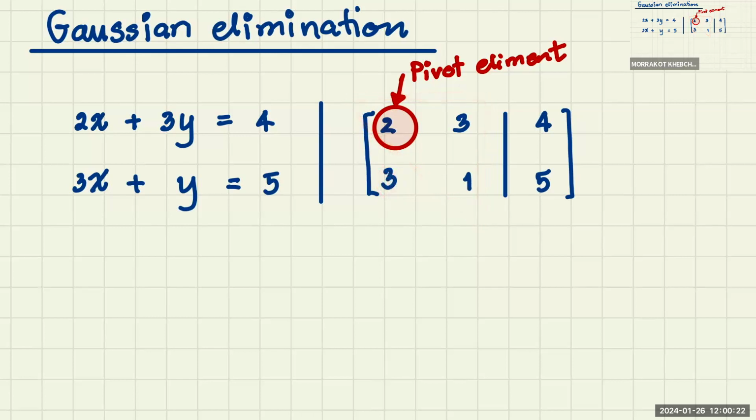Okay, you want to make it an upper triangular matrix. I look at the pivot, and now I will try to make the element below the pivot element equal to 0. Okay, how can I make number 3 to be 0?